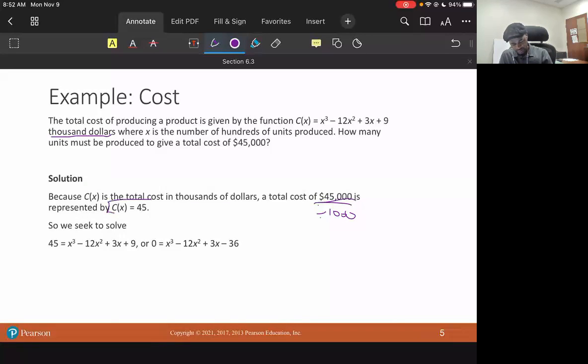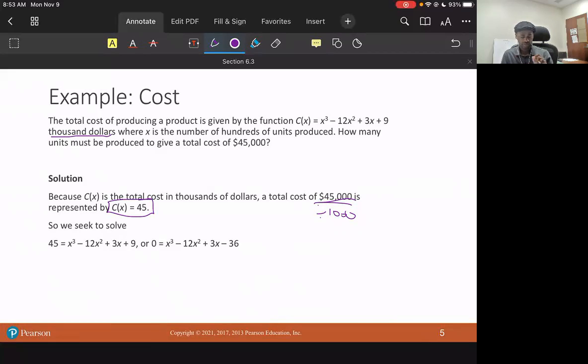That's why we got C of x equals 45. Always interpret the units. So we set 45 equal to x cubed minus 12x squared plus 3x plus 9.